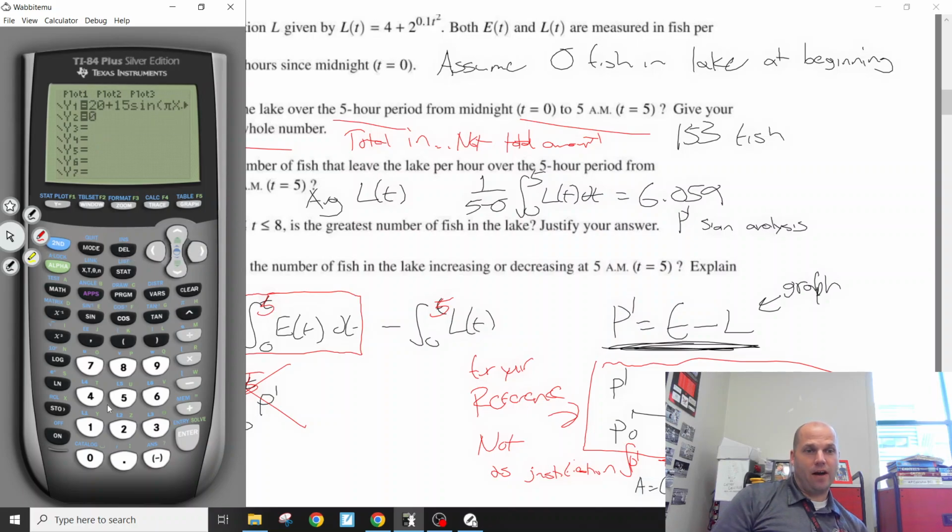You graph L. You graph y1 minus y2. y1 minus y2 is what you want to see.